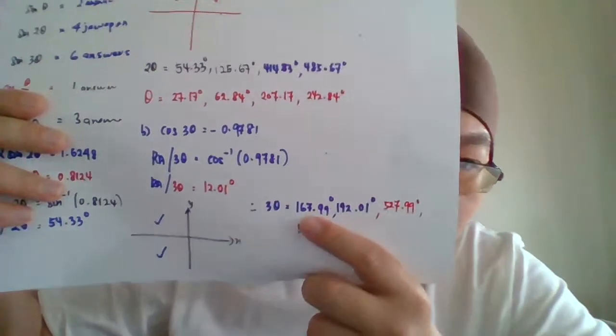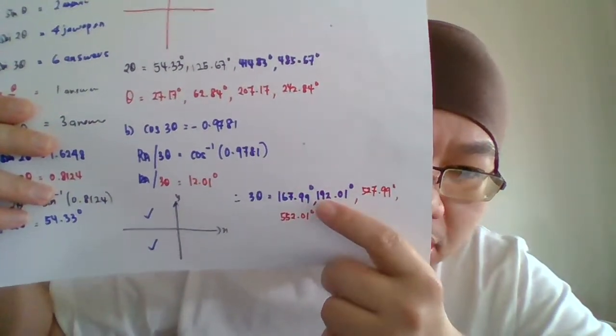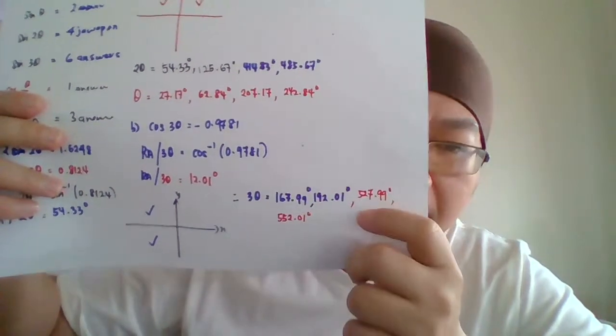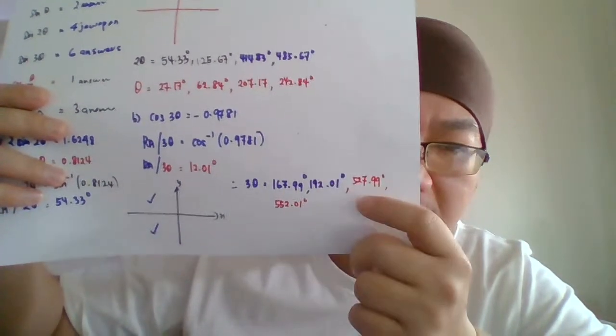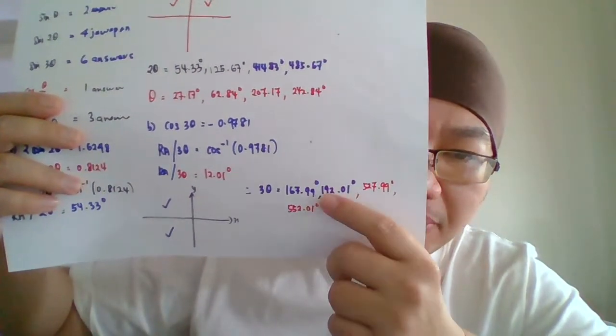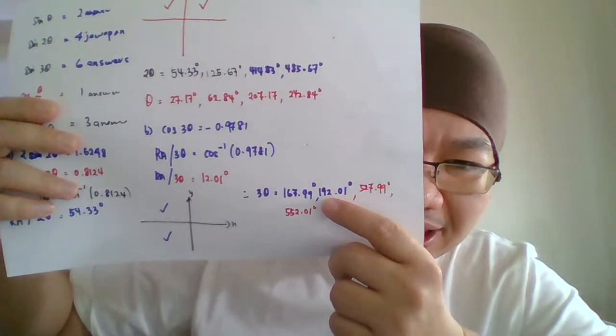Okay, guys. Now, look here. The blue color is the first and second answer. This is normal. But to find the third and fourth answer, you need to plus 360 on the first. For the fourth answer, 360 plus on the second answer.